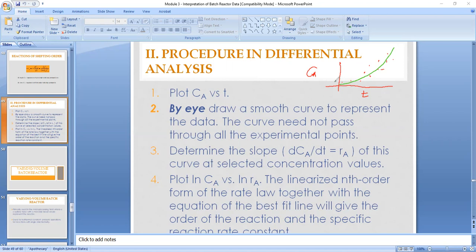It depends on the location on the curve at which you want to determine the slope. Because we know for one that the slope for this curve will be varying, because it's a curve, it's not a line. So determine the slope. That would be dCA/dt, or specifically the negative dCA/dt, or the negative r sub A, if A is your reactant, of the curve at a selected concentration value.